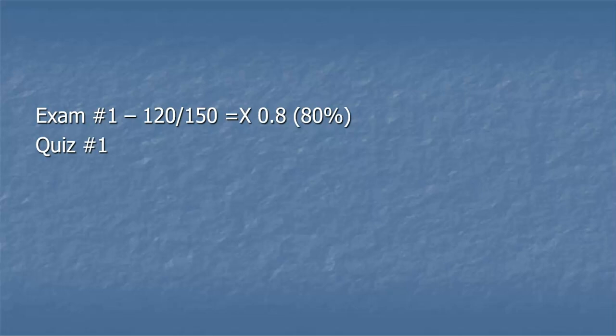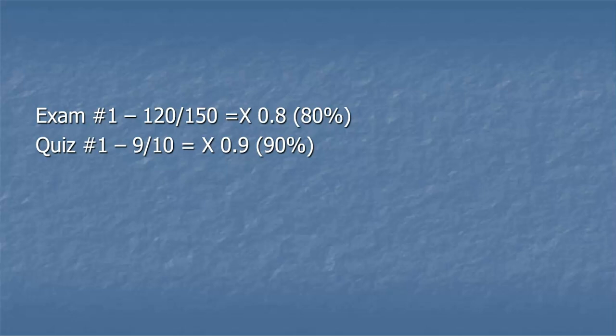Next, you take a quiz. And you got 9 points on that quiz out of 10 total possible. Now, this is pretty easy math. So 9 divided by 10 is 0.9 or 90%.